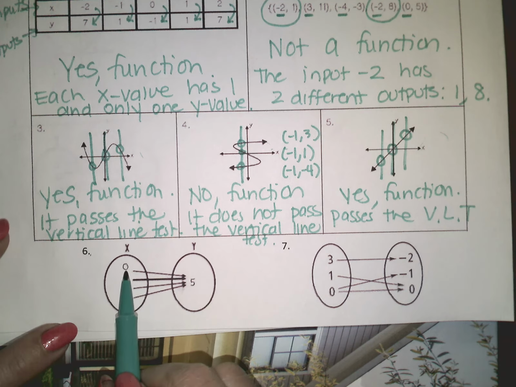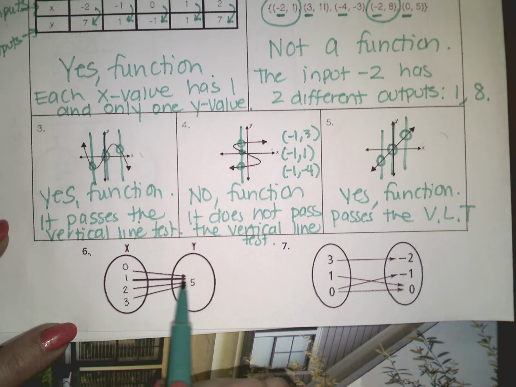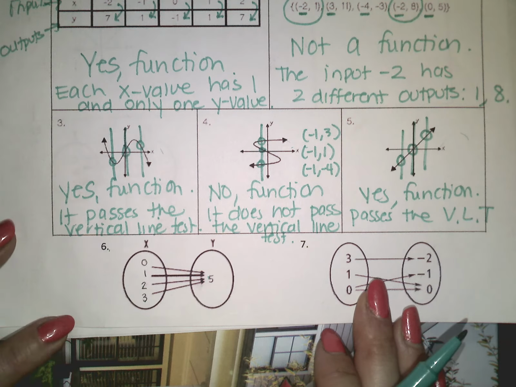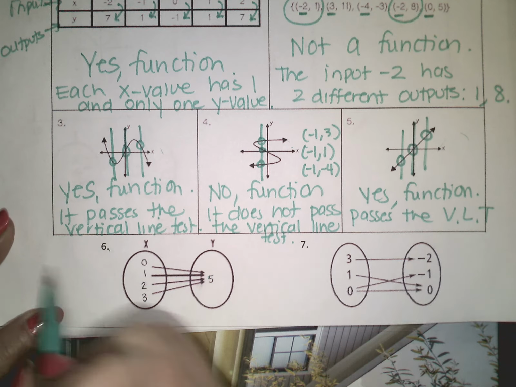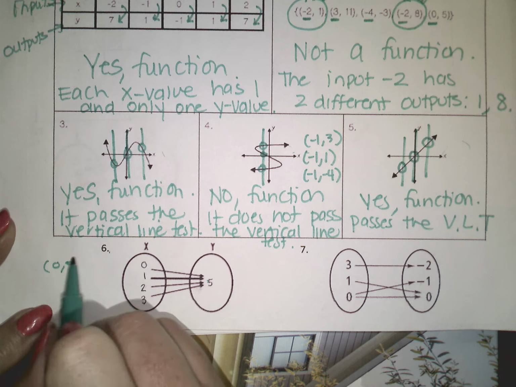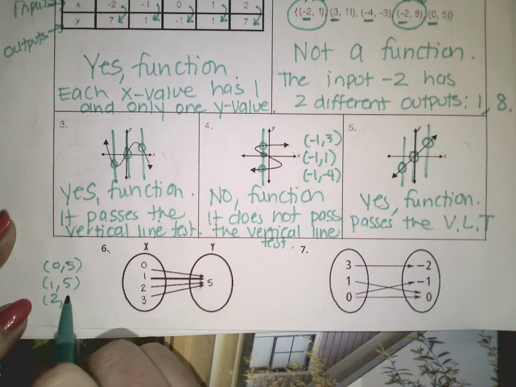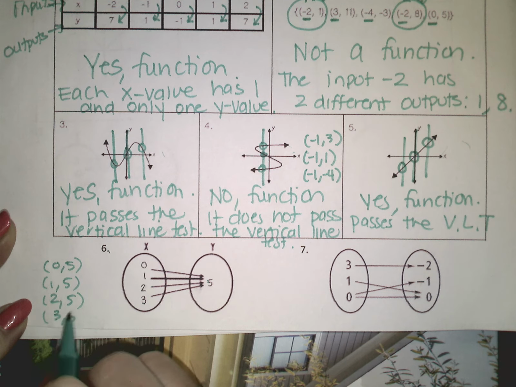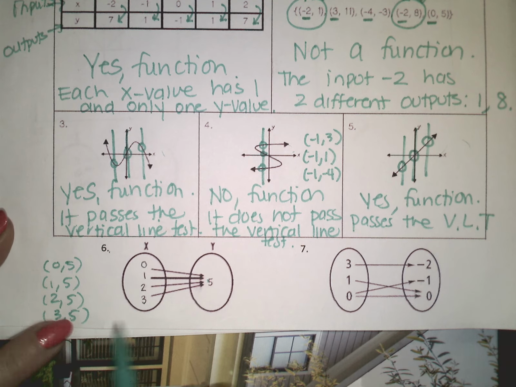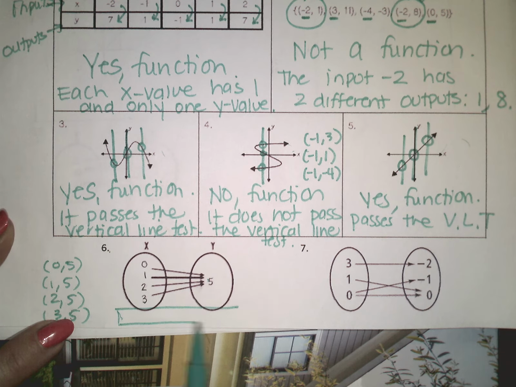So 0 goes to 5, 1 goes to 5, 2 goes to 5, 3 goes to 5. Some kids get tricked on this because they're like, oh, all of them go to the same. Well, let's write it in ordered pairs for a second. You could also write it in a table.